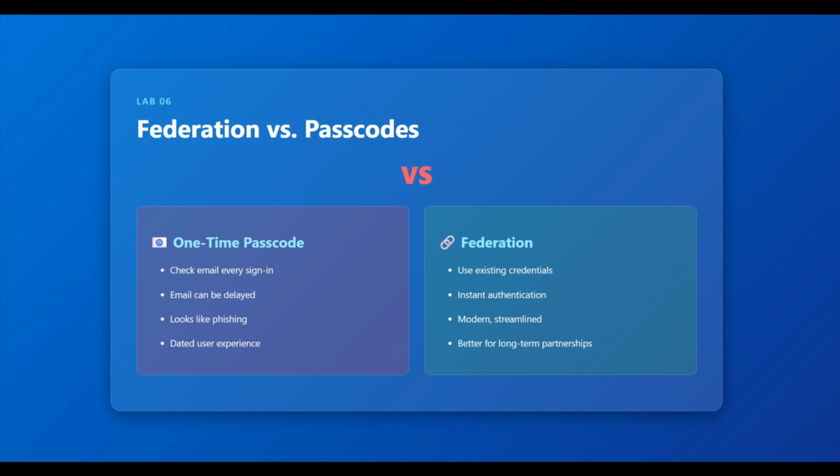So most organizations go domain level for established partnerships and leave one-time passcode as the fallback for everyone else. So we'll go through this lab where we will see how it actually works.